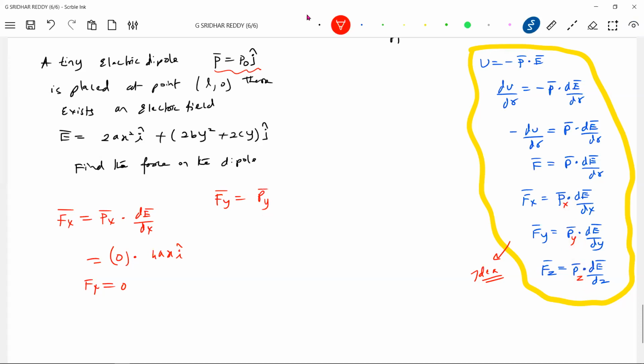Now this will be P bar dot dE bar by dy. The component is P naught j cap dot, and the derivative of this will be 4by plus 2c. So P naught times (4by plus 2c).